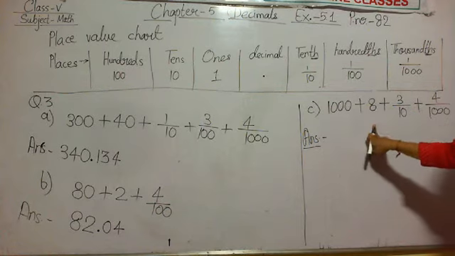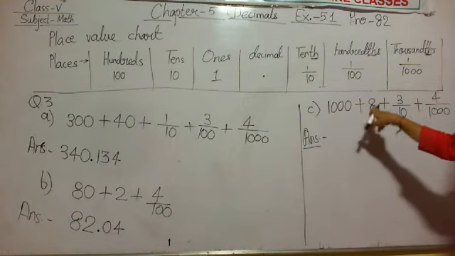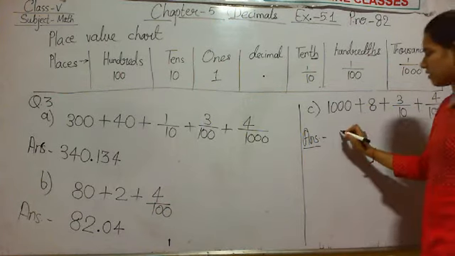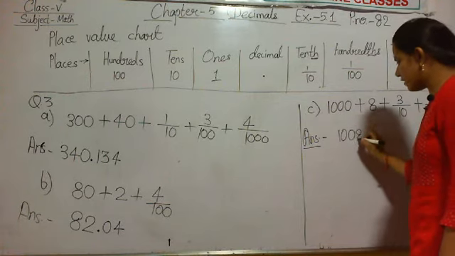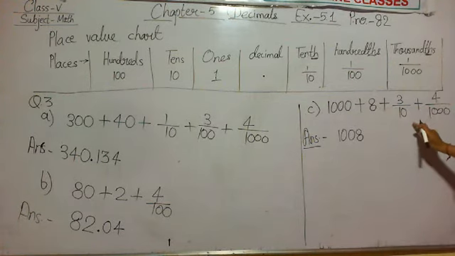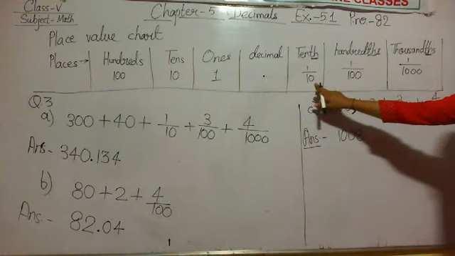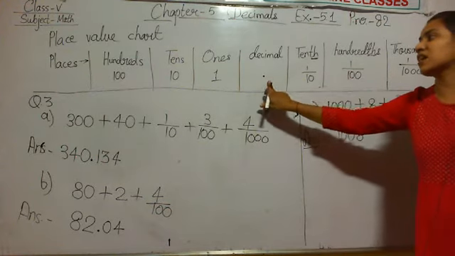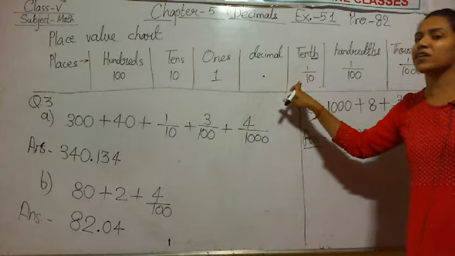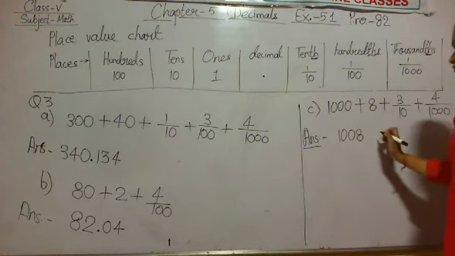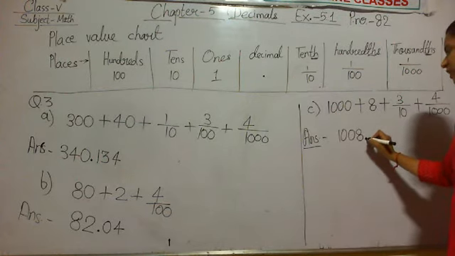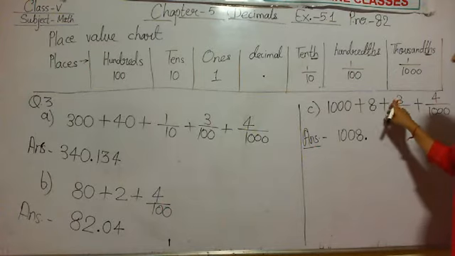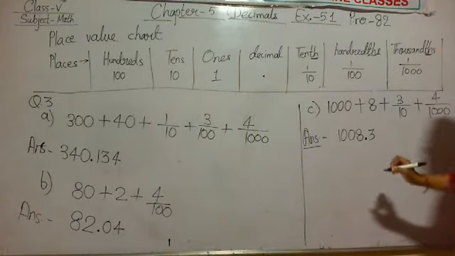We can add both whole numbers: 1000 plus 8 is 1008. Now plus 3 upon 10. There is something in the denominator. So according to the place value chart, if there is 10 in the denominator, it comes just right of the decimal. So I need to put a decimal here. Then the numerator is 3, so I am going to write 3.